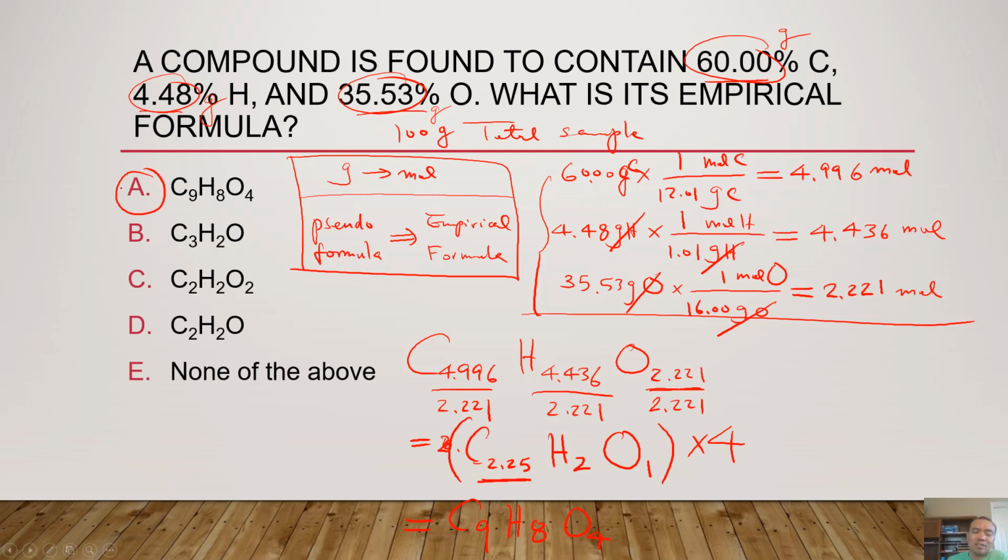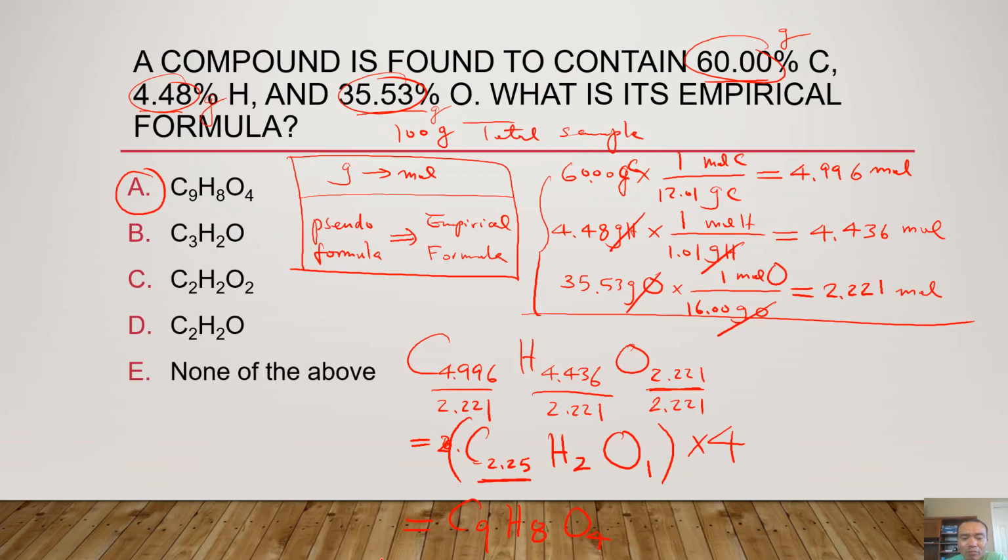So let's summarize this. The procedure is very, very similar, almost identical. First, you convert grams to mole. Second, convert the pseudo formula to the empirical formula by dividing by the smallest number of moles.